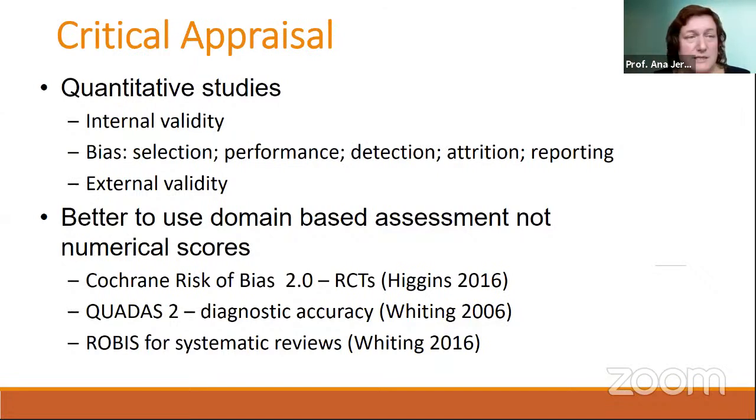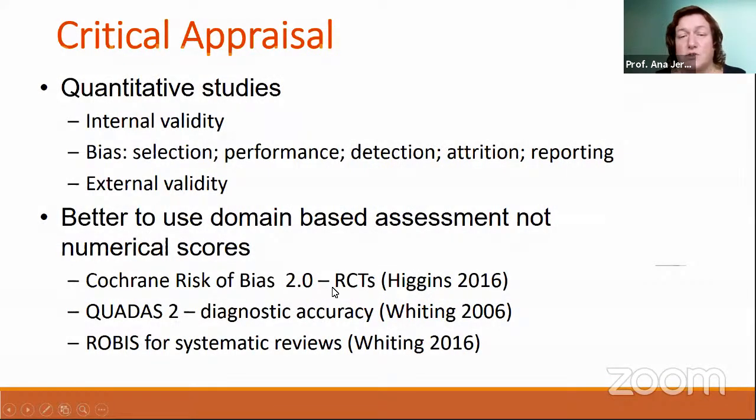We already said something about bias, and external validity is actually generalizability of the studies. Many times we have situations where we cannot generalize our results, and you saw this study at the beginning on red cards, which obviously cannot be generalized to humans. So we need different tools for assessment.